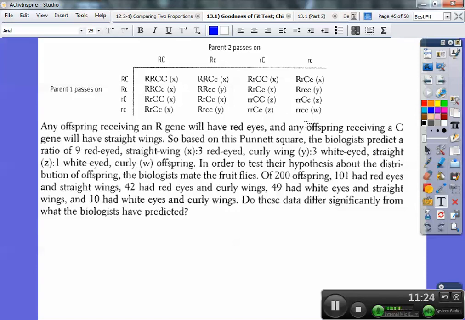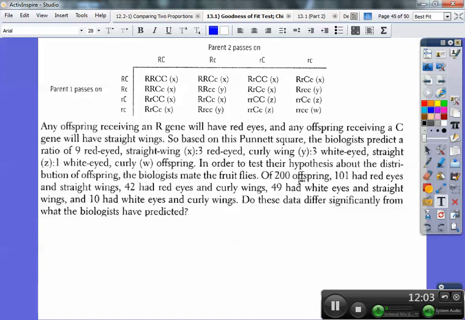And so in order to test their hypotheses, the distribution of the biologists mating the fruit flies, if you did 9 out of 16, that's going to be the percentage that will get the capital R, capital C, the X. So of 200 offspring, they found, so these are the observed, 101 had red eyes and straight wings, 42 had red eyes and curly wings, 49 had white eyes and straight wings, and 10 had white eyes and curly wings.